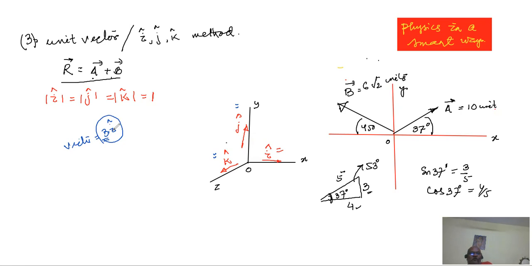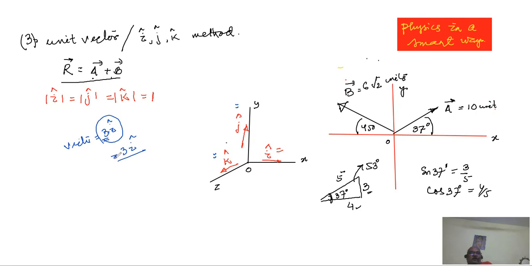Okay. Somebody may wonder if my vector is not along positive x-axis but along negative x-axis, then very easily we can make it as minus 3 I cap, because you know here negative sign stands for the direction. If plus I cap is along positive x-axis, then minus I cap is along negative x-axis. Okay.